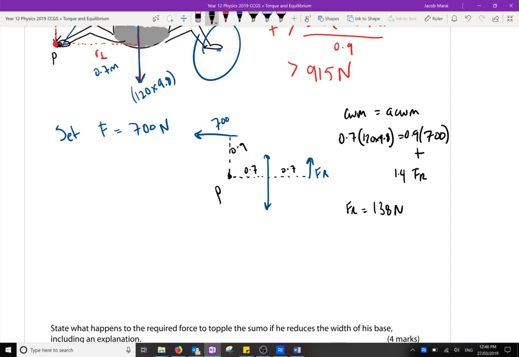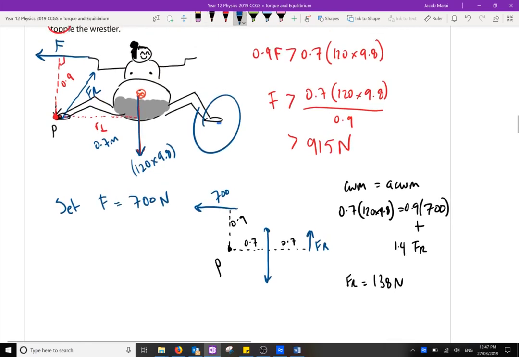At this moment, this foot is still in contact with the ground with 138 newtons of force down, and then the floor pushes up with 138 newtons of force up. The last thing we could then do, up and up, you could do the translational equilibrium.